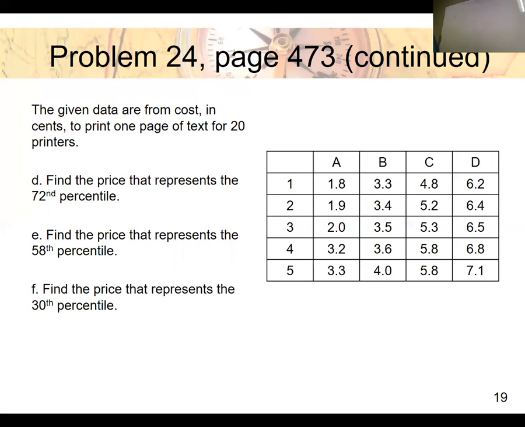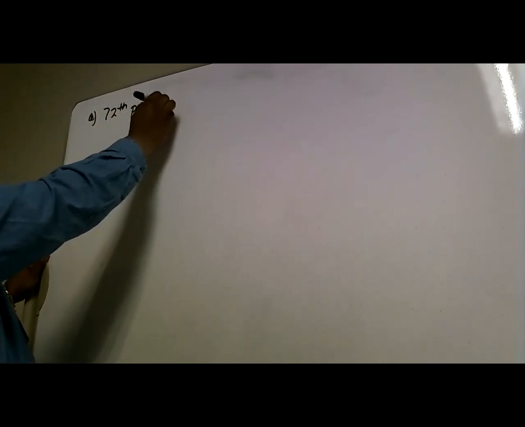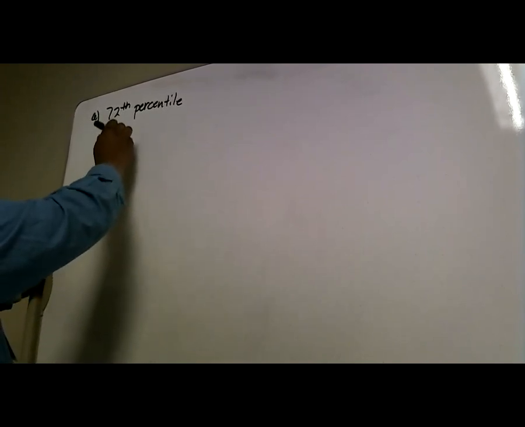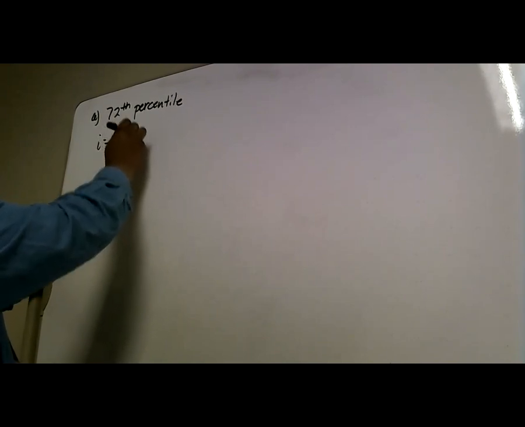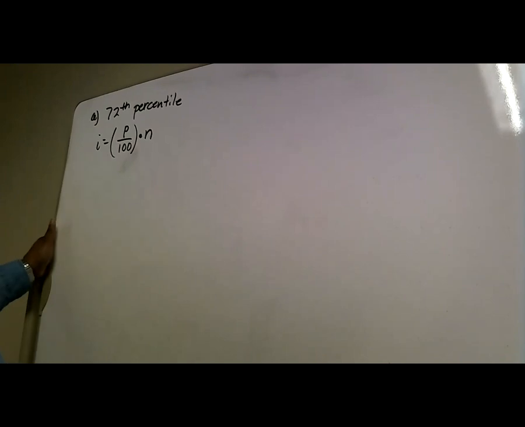Okay. So here we're going to find the price that represents the 72nd percentile. Okay. So here, we want the data value for the 72nd percentile. And this is where we use the I is equal to P over 100 times N. And by the way, how many data values do we have here? 20.